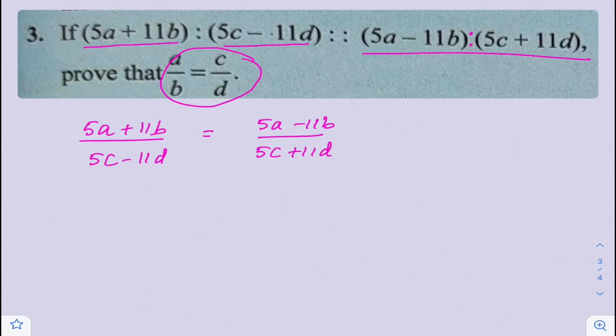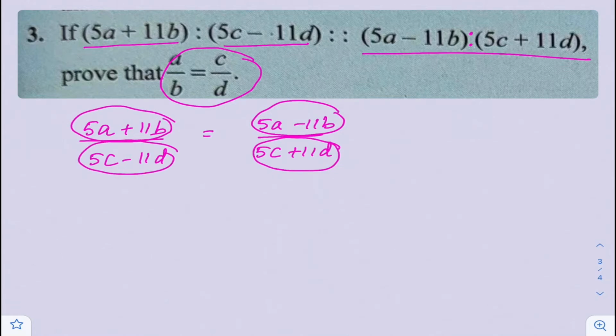Now if you apply componendo and dividendo here only, then you will make the solution complicated. Just see it carefully here. Here we have a and b, but in the denominator we have c and d. Here also, we have a and b, and in the denominator we have c and d. So better you interchange these two.